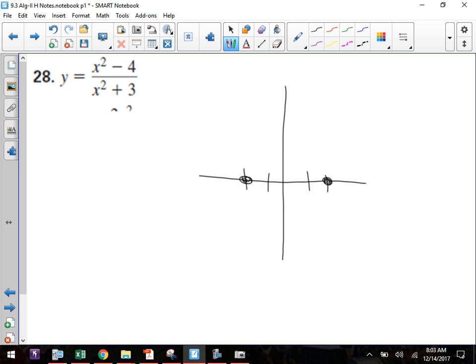No vertical asymptote. Horizontal asymptote where? At 1. Very good. And where is your y-intercept? Negative 4/3. Remember, your y-intercept is always going to be at where x is equal to 0.